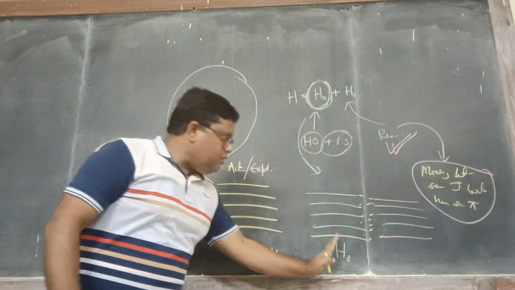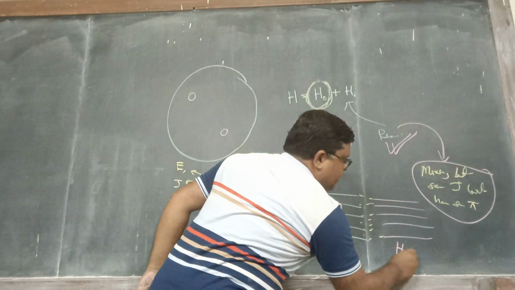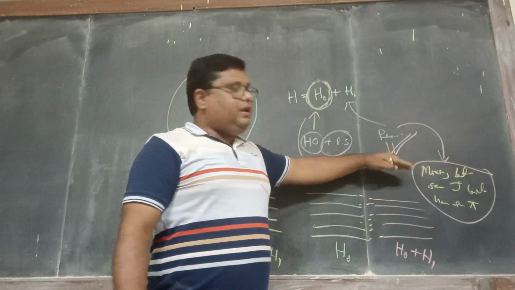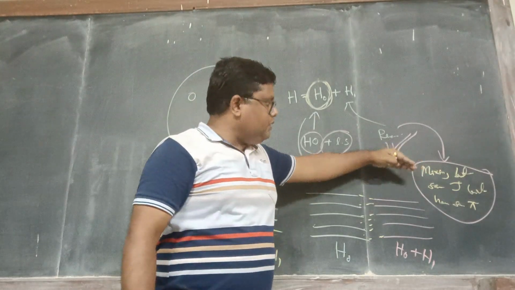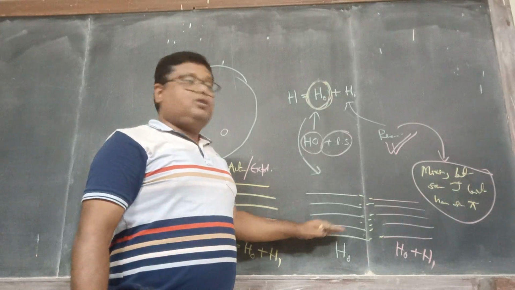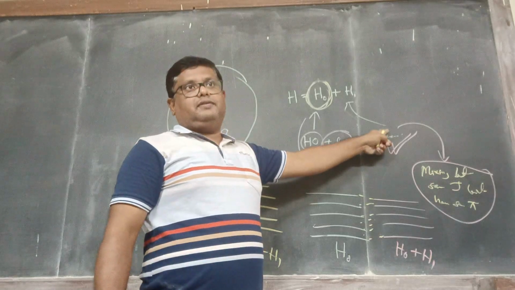So this is your H0 and this one is H0 plus H1. How do we get this? We have to consider mixing between energy levels having the same J and same parity. This is the result of the residual interaction.